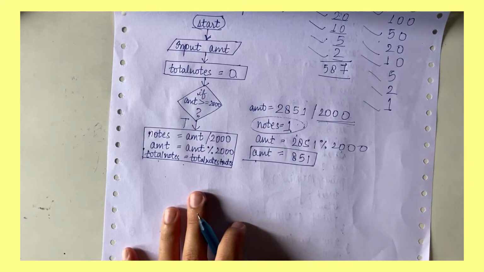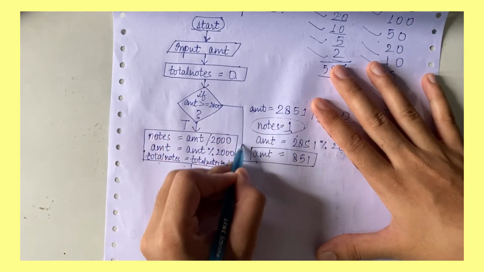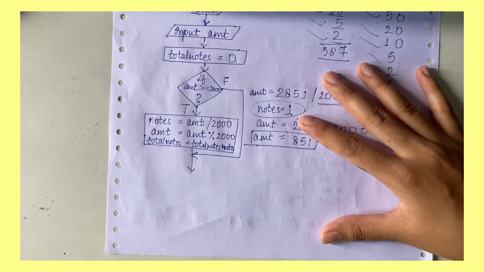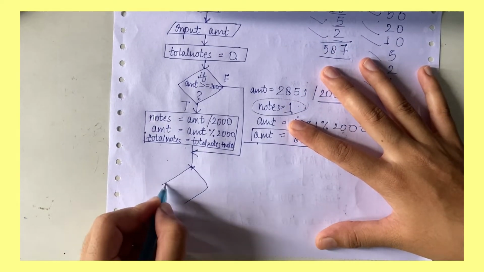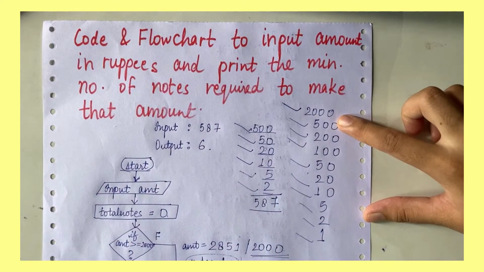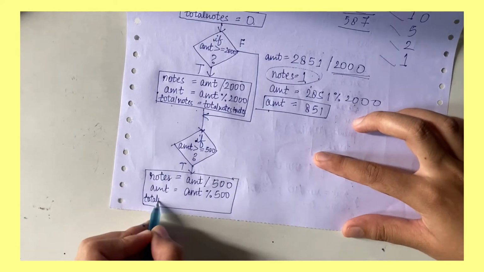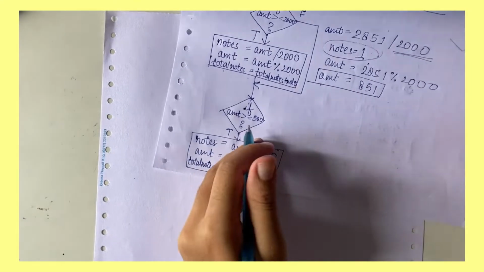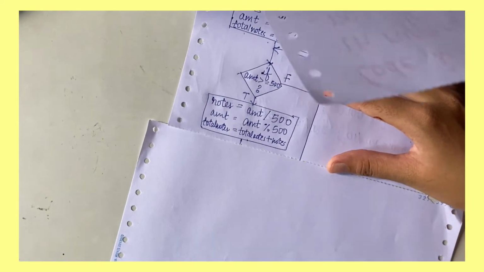Suppose the amount is not greater than 2000, it is less than 2000, then we have a condition here. We'll connect it here to another condition. The other condition is for which rupee note? Then we have the 500 rupee note. So we'll check for 500. So after this we will connect this false statement here.